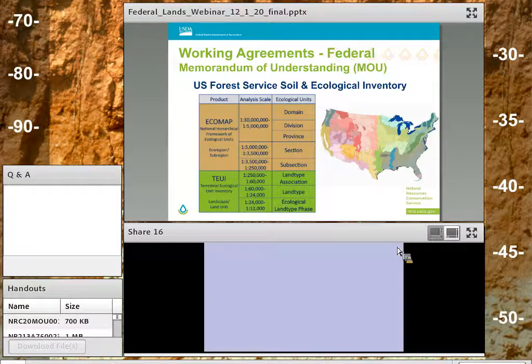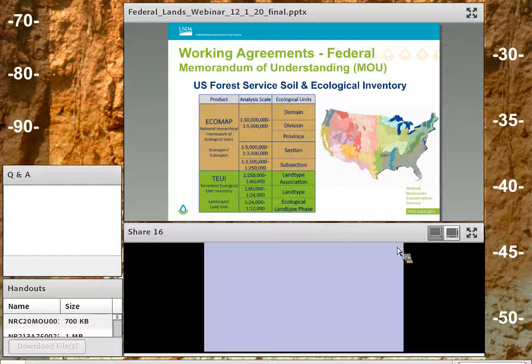The TUI system references, or let's call it TUI, references the more detailed component of the hierarchy at the landscape and land unit scale. And TUI development guidance actually references several national cooperative soil survey standards. And TUI is really seen as critical to the Forest Service, and it's cited in this MOU as their primary business need.